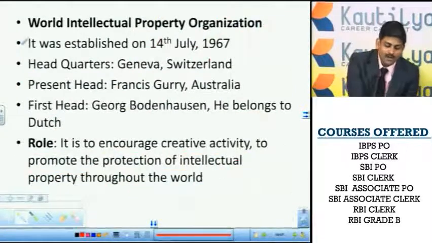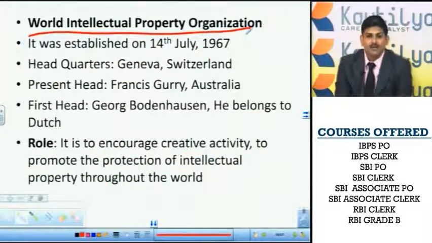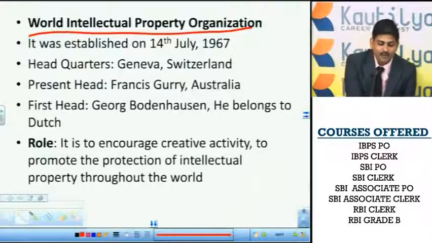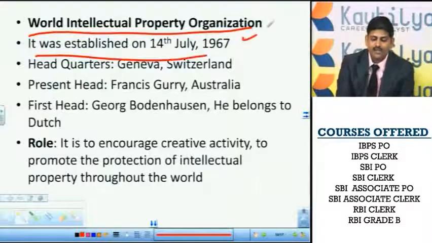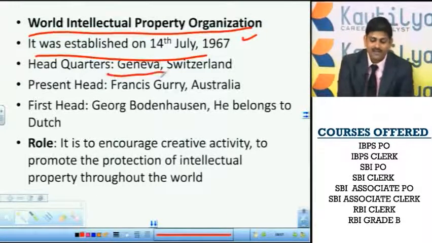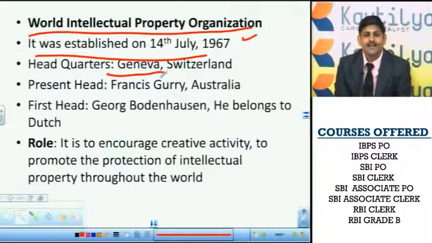Next, World Intellectual Property Organization. As far as these exams are concerned, it may not be as important as the previously discussed organizations. However, we have to know it was established on 14th July. Its headquarters is in Geneva, Switzerland. Remember, you will find a lot of international organizations whose headquarters are located in Geneva.